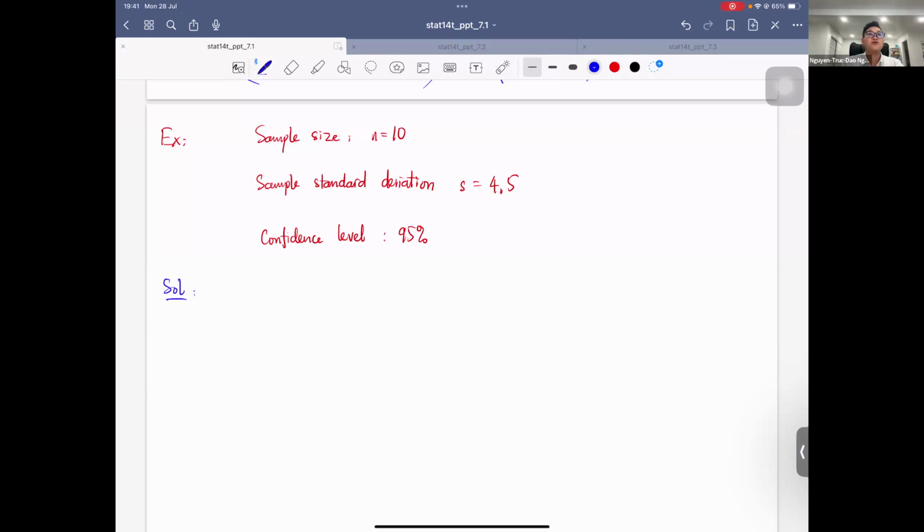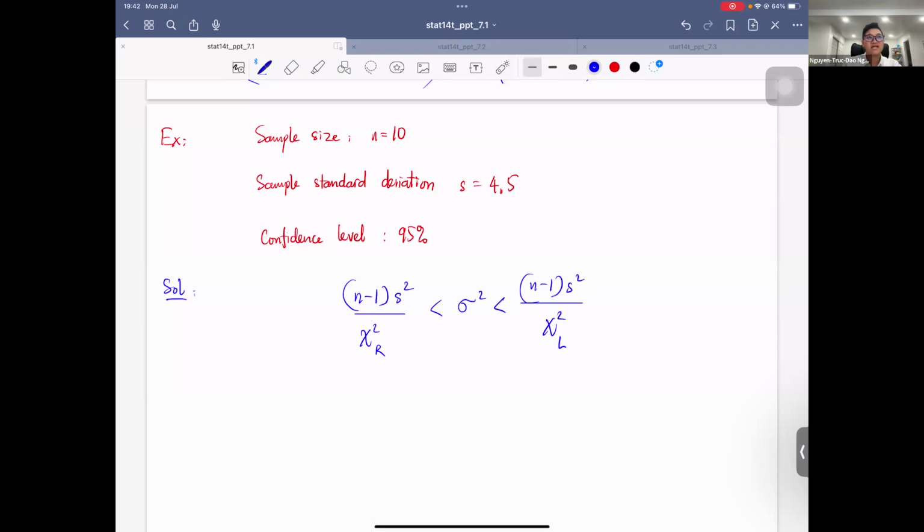Let's do it together. The solution, step by step. The first step, we use the chi-square distribution, because when estimating variance or standard deviation you use the following formula: (n minus 1) s squared divided by chi-square right tail is less than sigma squared, which is less than (n minus 1) s squared divided by chi-square left tail.